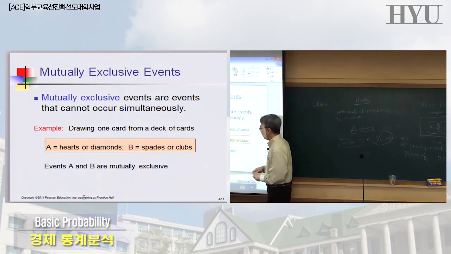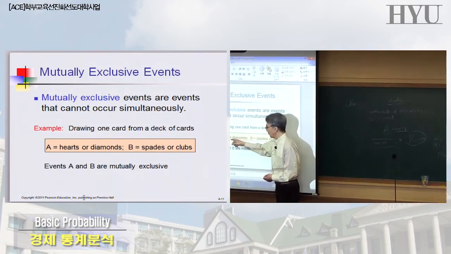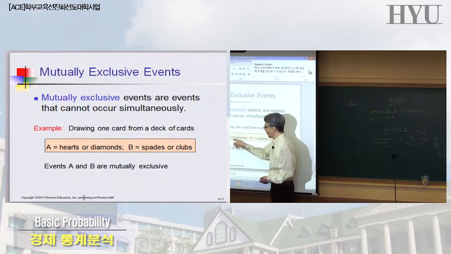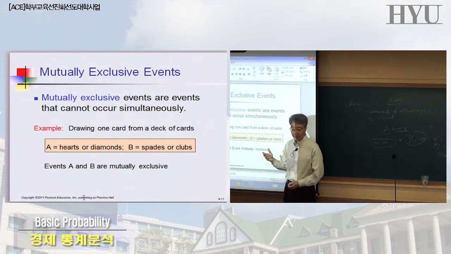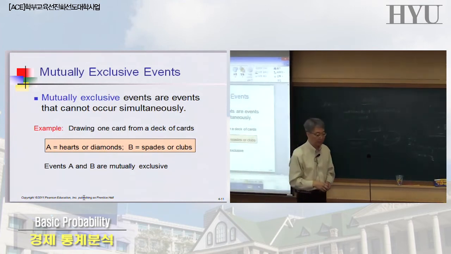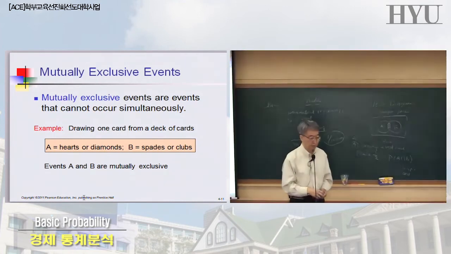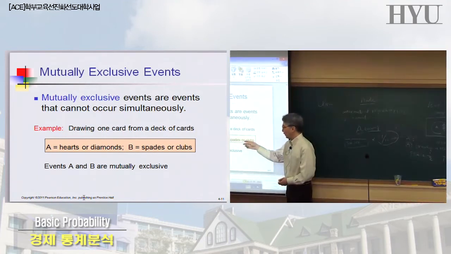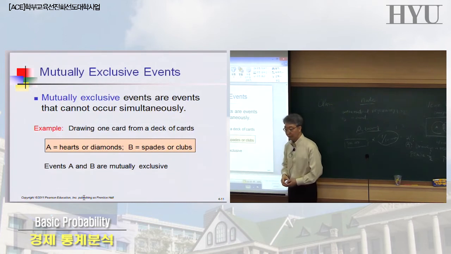So let's say A is defined as a joint event, it's actually a union: hearts or diamonds. In other words, it's a red card. Event B is spades or clubs, which means the card is black.